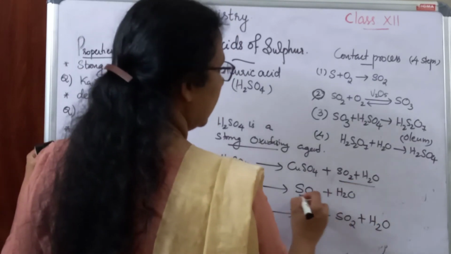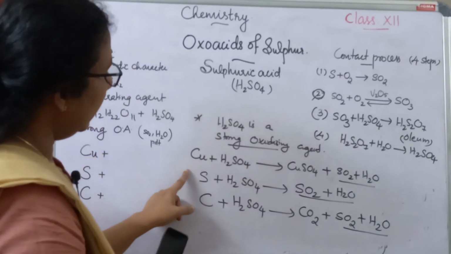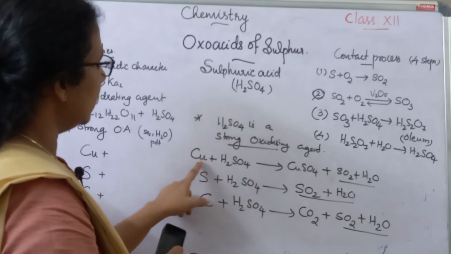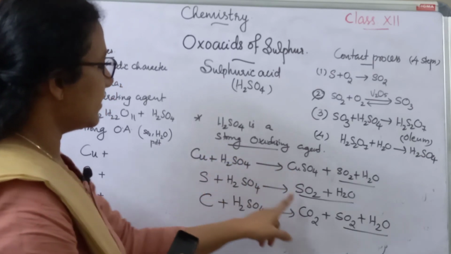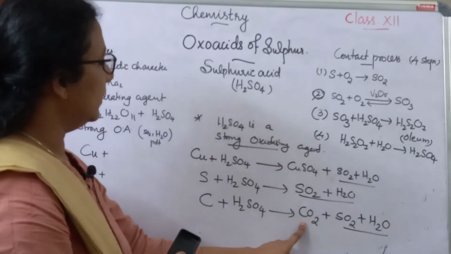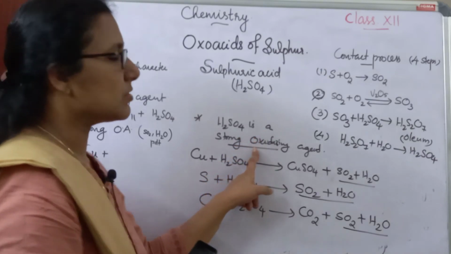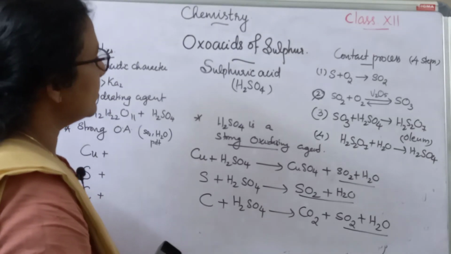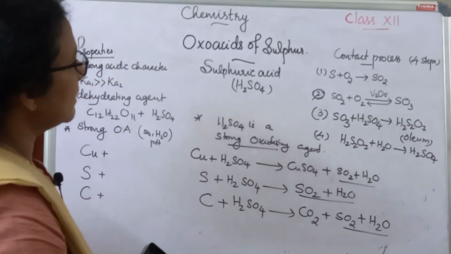So copper is oxidized to copper sulfate, sulfur is oxidized to sulfur dioxide, and carbon is oxidized to carbon dioxide. In all these cases, H2SO4 is acting as a strong oxidizing agent. Regarding its uses, you have to refer to the NCERT textbook. So this is about sulfuric acid.